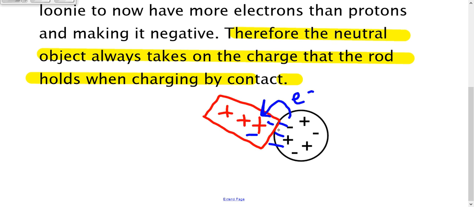So that would leave less electrons on the neutral object, making it positive, and the positive rod's going to gain some electrons, but not enough to cancel out all the positive charges, so it would also still be positive as well. So it works both ways, no matter if the object is positive or negative.